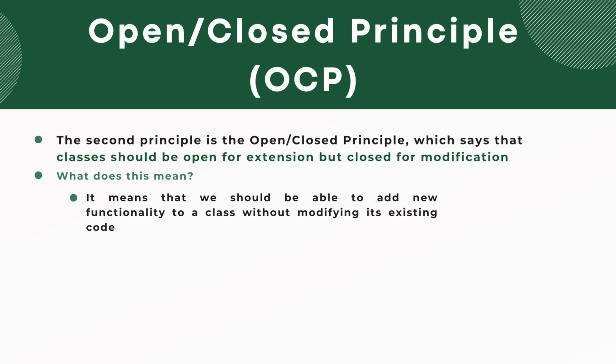If you want to add a new payment option like UPI or credit card, you can simply create new classes that implement the interface without touching the existing code. This keeps your app flexible and reduces the risk of introducing bugs when adding new features.